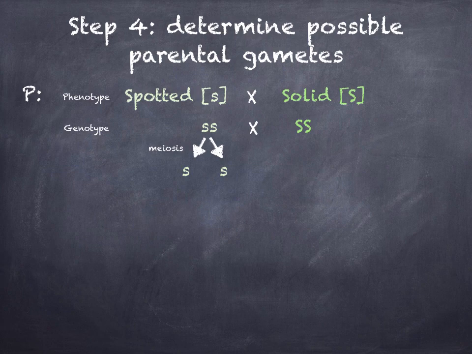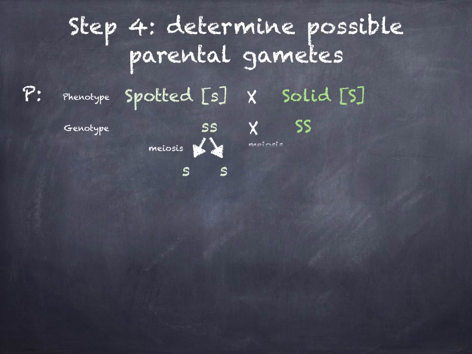So the double little s will segregate into two different gametes. After meiosis in the spotted cow, you would have gametes with little s or little s. Basically, all the gametes will be carrying a recessive spotted allele.